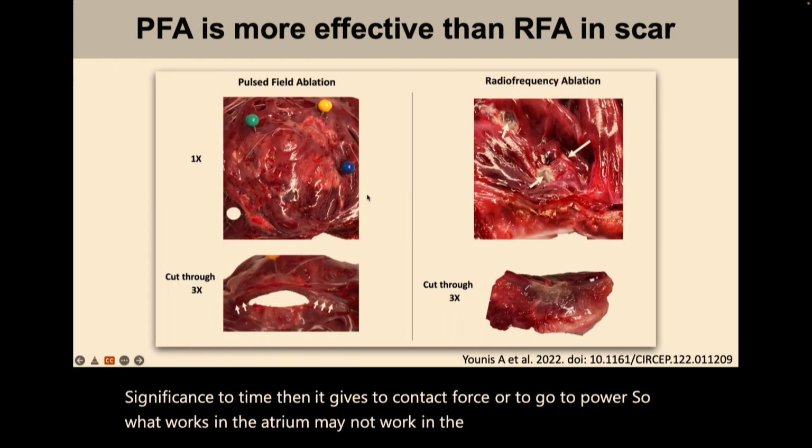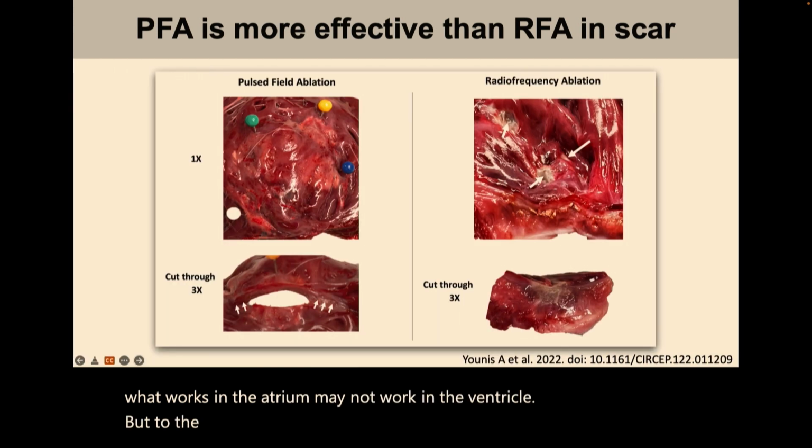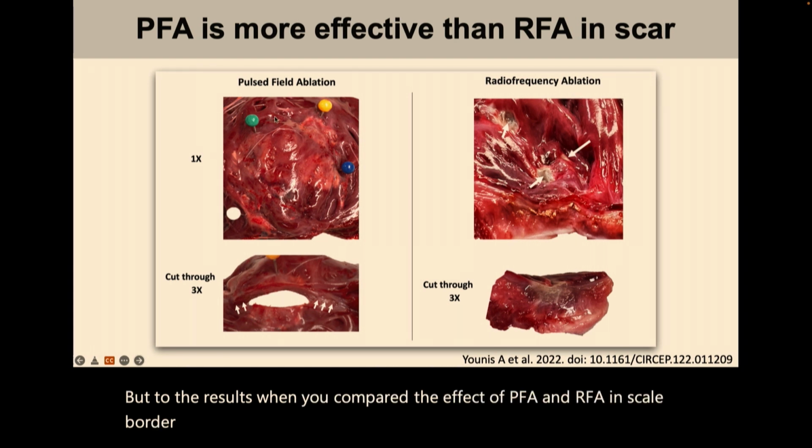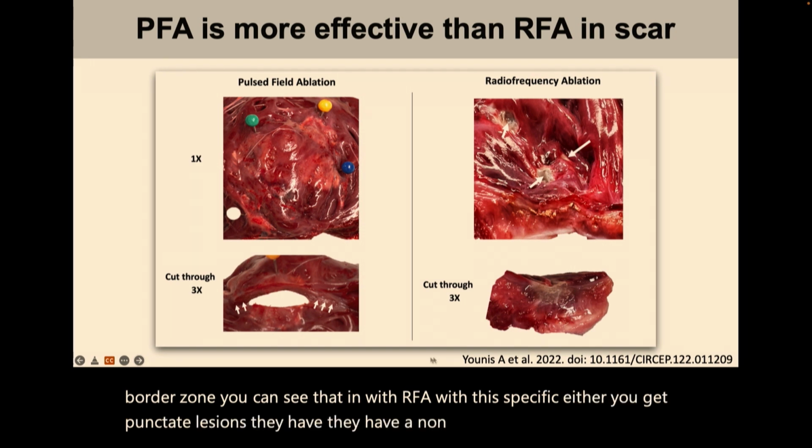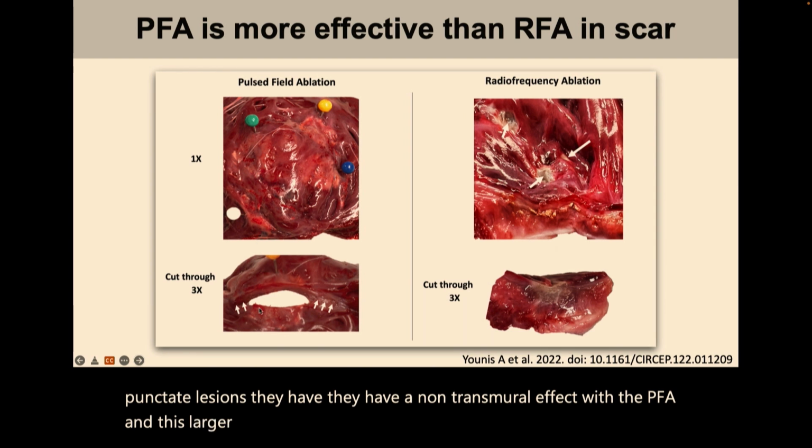But to the results, when you compare the effect of PFA and RFA in scar border zone, you can see that with RFA, with this specific catheter, you get punctate lesions. They have a non-transmural effect. With the PFA and this larger footprint catheter, you get wider lesions and deeper lesions.